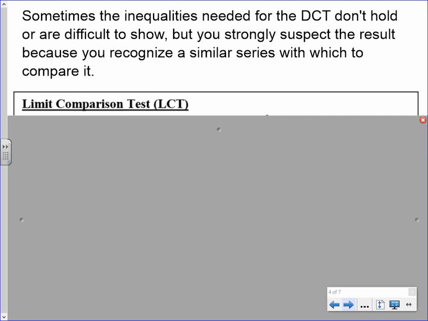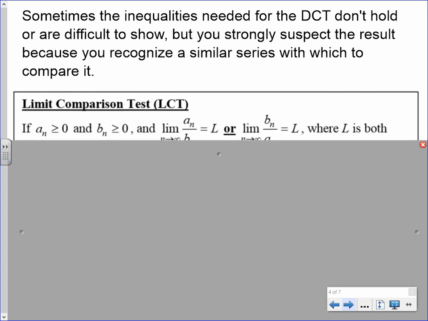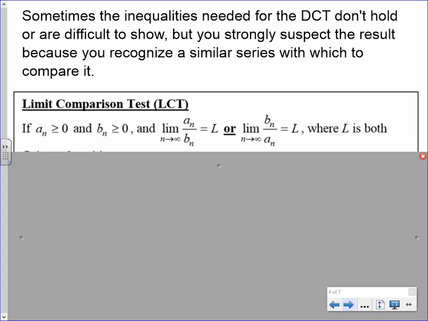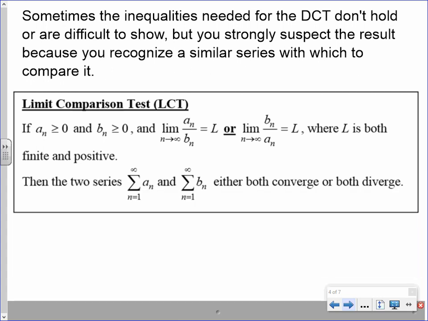Okay, so all we have to do is take the sequences inside of our sums and take the limit of the ratio of the two. And as long as your limit is finite and positive, then either they both converge or both diverge. Write it down and we'll work it down.